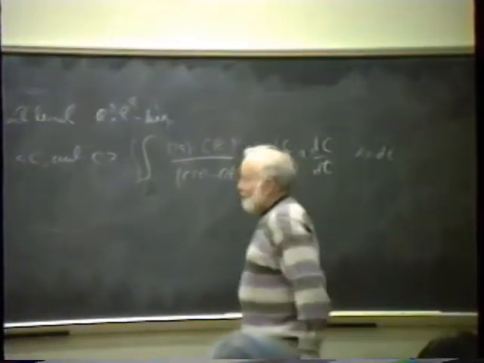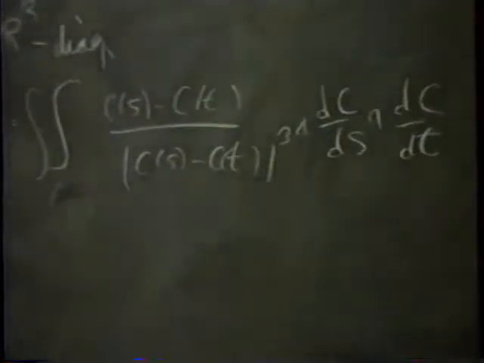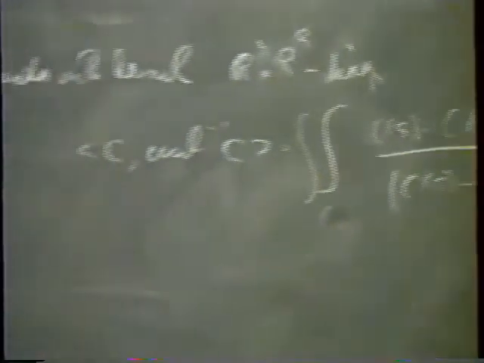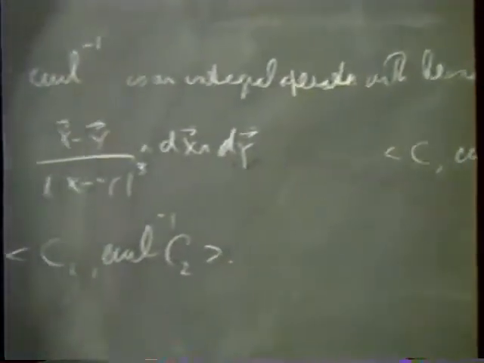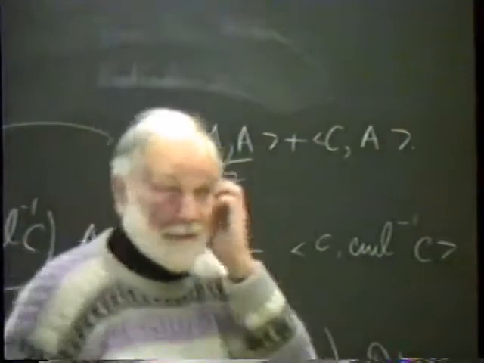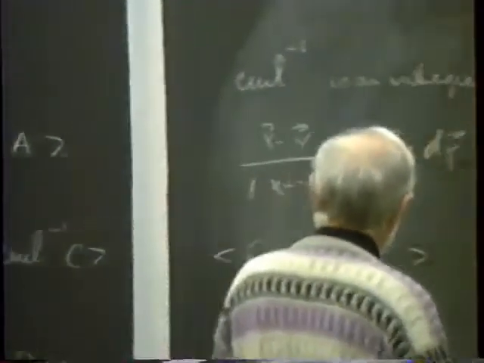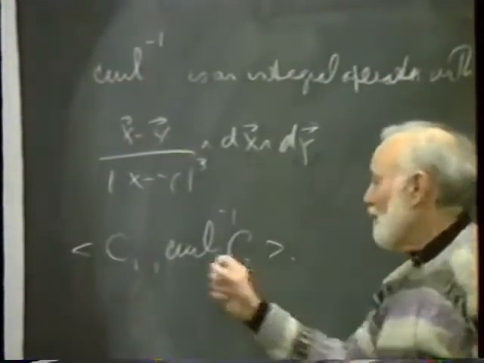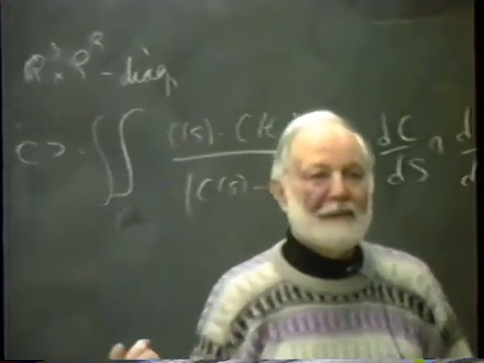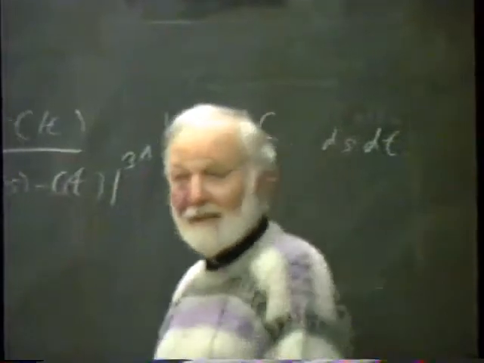Well, let's test this by seeing what happens when we take two different curves. Suppose we took two curves that didn't intersect and see whether the integral makes sense now. We would expect this integral to make sense because C1 and C2 are now currents or distributions which are disjoint. So we would expect this to be reasonable.